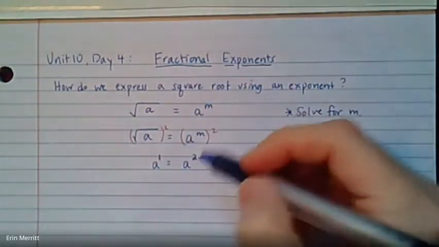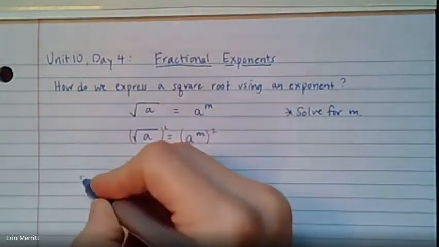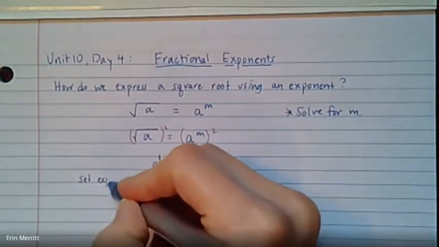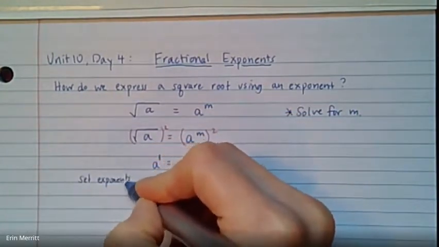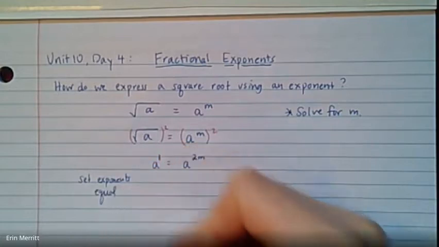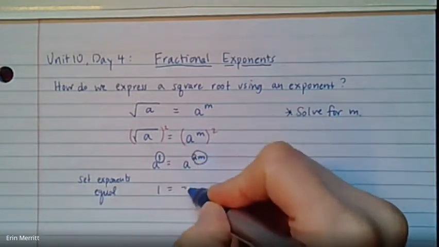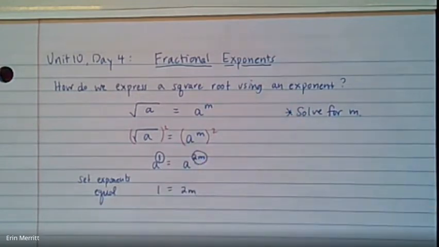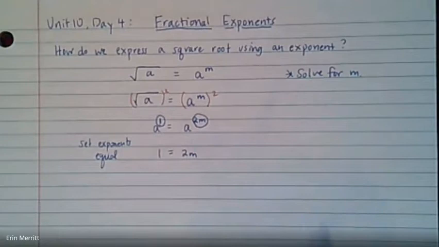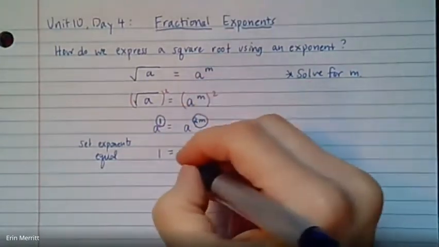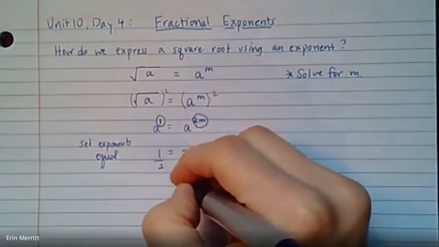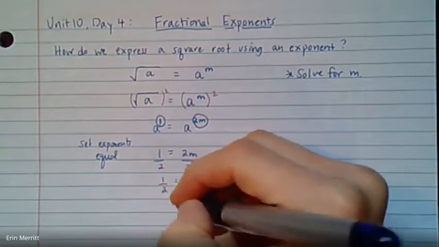That means at this point I can set the exponents equal to each other. So I can take the 1 from here and set it equal to the 2m. They should be the same if these are going to be equivalent expressions. Solve for m, just divide by 2, and m comes out to be 1/2.